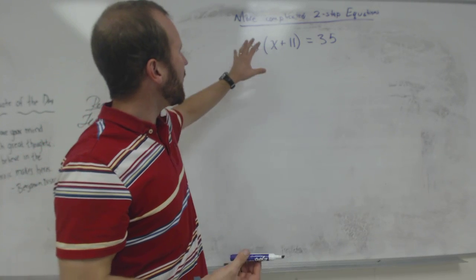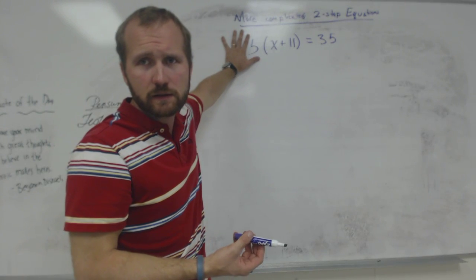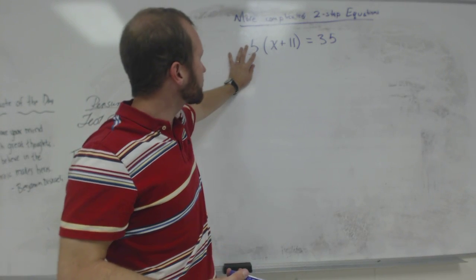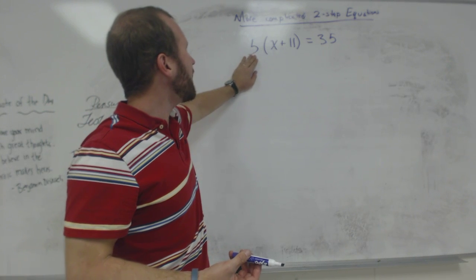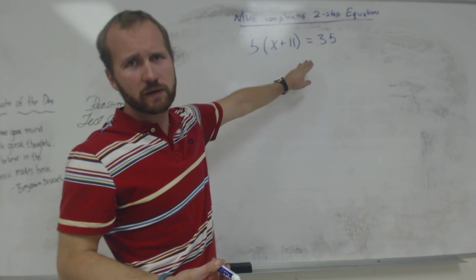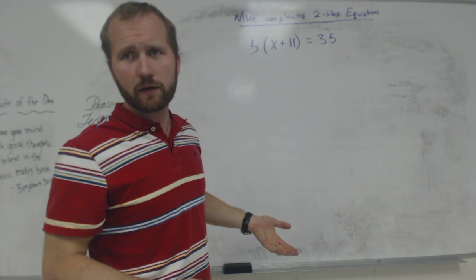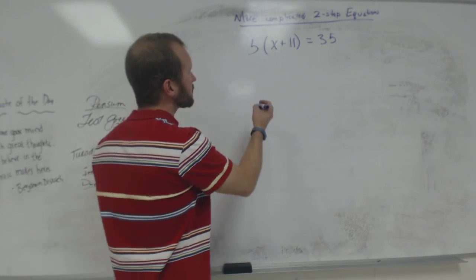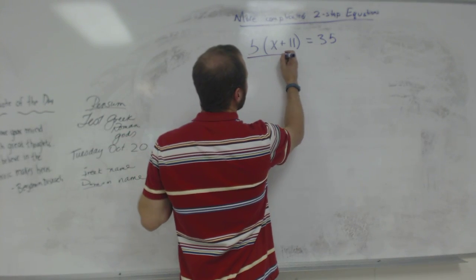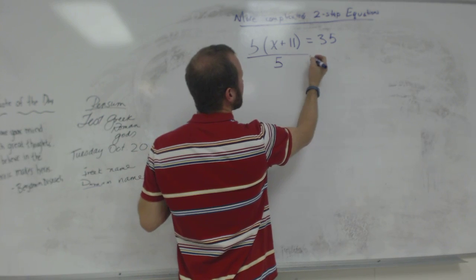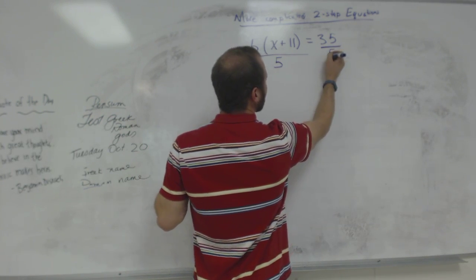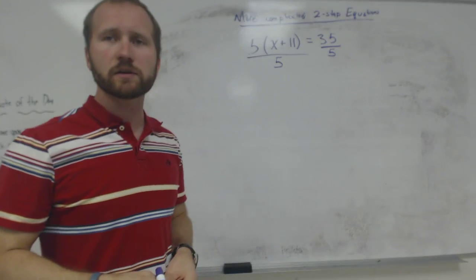And it's the thing that's outside of the parentheses. Yeah, it's that 5. This 5 is being multiplied times the parentheses. So to get rid of it, I'm going to divide both sides of this equation by 5. So now in your notes you should be writing divided by 5 on both sides of that equation.